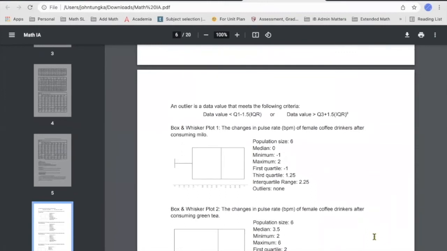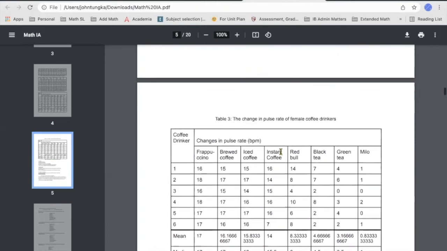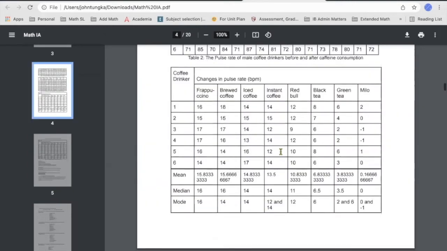Is that correct? Yes. So in this case, the median is 0. Are you using median? No. Okay, I will go to the graph, but I want to understand the table first.